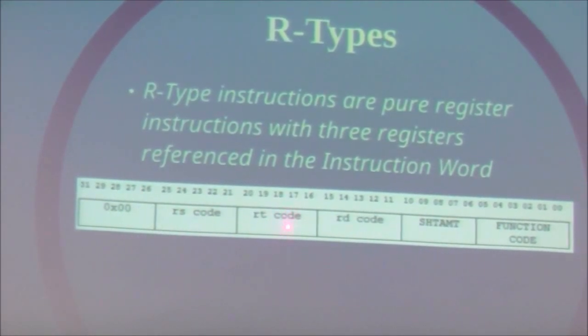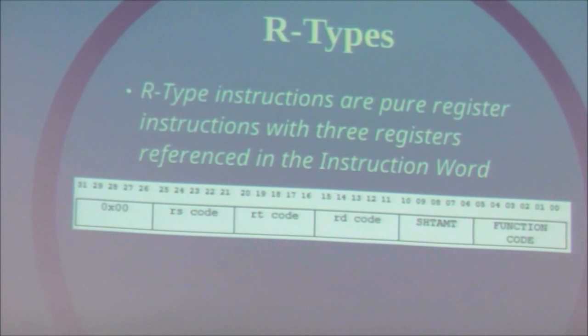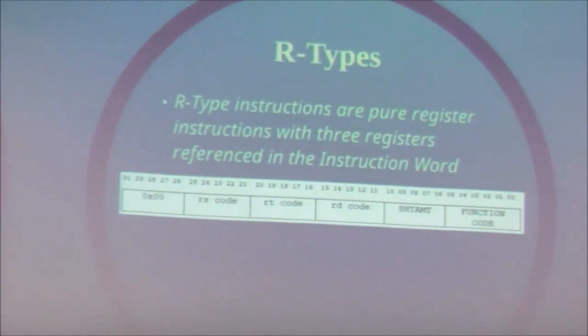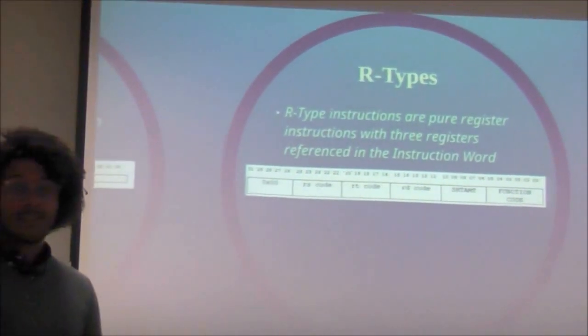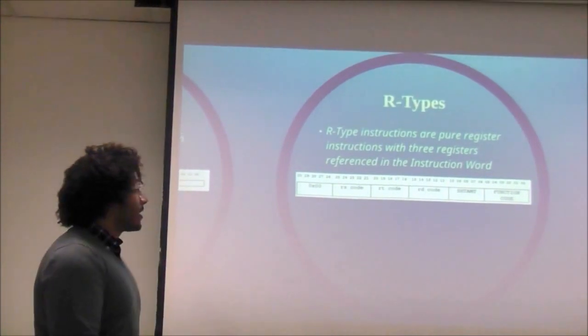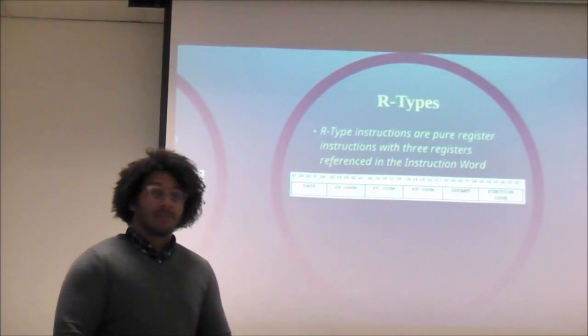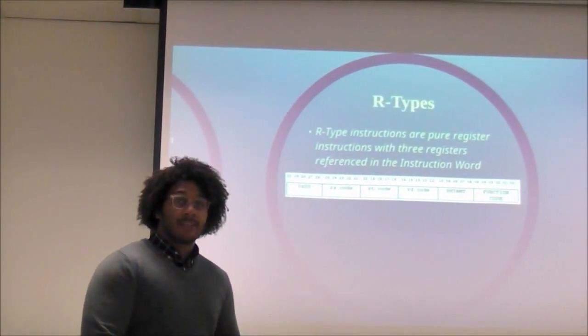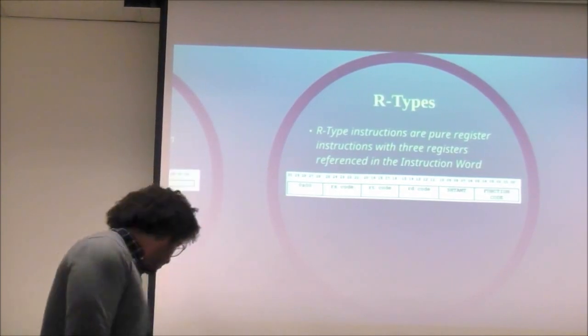We have an RS and RT, which operate as our source registers, and RD, which operates as a destination register. We also have a shift amount, which is only used in terms of our shift right, shift left, and shift right arithmetic.